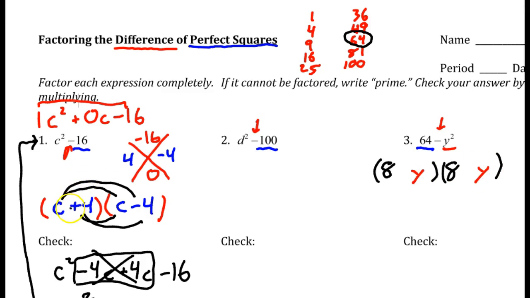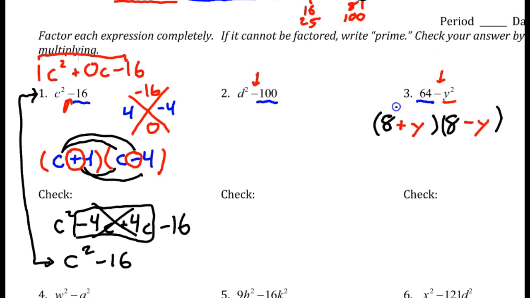And you'll notice that for this to work, you'll get one that will be positive and one that will be negative. Right? So we'll have one that's plus, one that's minus, and then you can check your answer and see, yeah, 8 times 8 is 64.